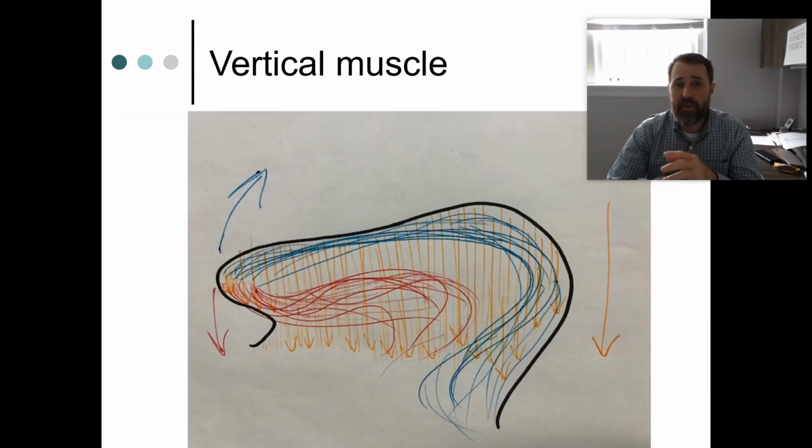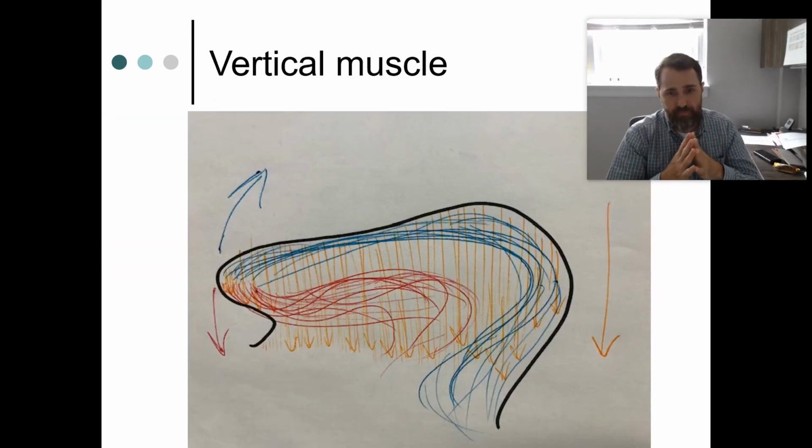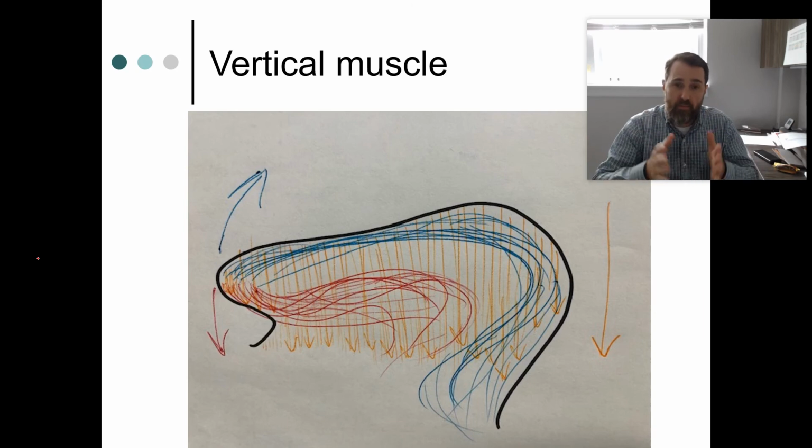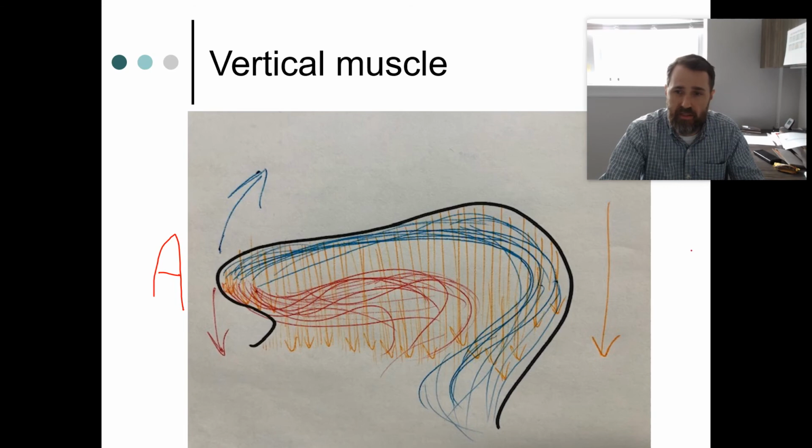The next muscle we're going to talk about is the vertical muscle. Exactly as it sounds, it runs vertically within the tongue, whereas the superior and inferior longitudinal muscles ran front to back. The vertical muscle runs vertically throughout it. So here's anterior, posterior, don't forget that.